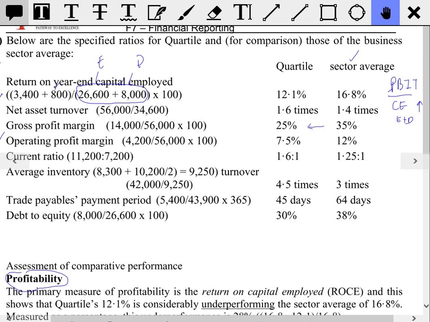So 25 GP becomes operating margin 7.5. So the drop is by how much? My expenses are about 17.5. Every $1, 25 minus 7.5 is 17.5. So my expenses are 17.5 proportion. What about this one? 23. So we manage our expenses better than the industry average.